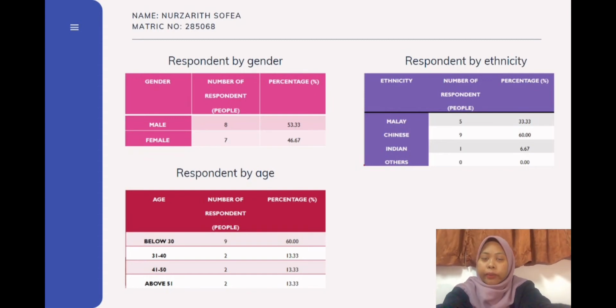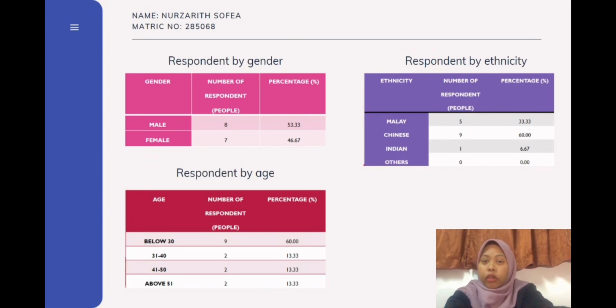Next, respondents by ethnicity contain Malay, Chinese, Indian, and others. Based on the survey of 15 customers, the highest percentage of ethnicity is Chinese, which is 60%, equivalent to 9 respondents, while the percentage of others is the lowest, which is 0%, equivalent to 0 respondents.